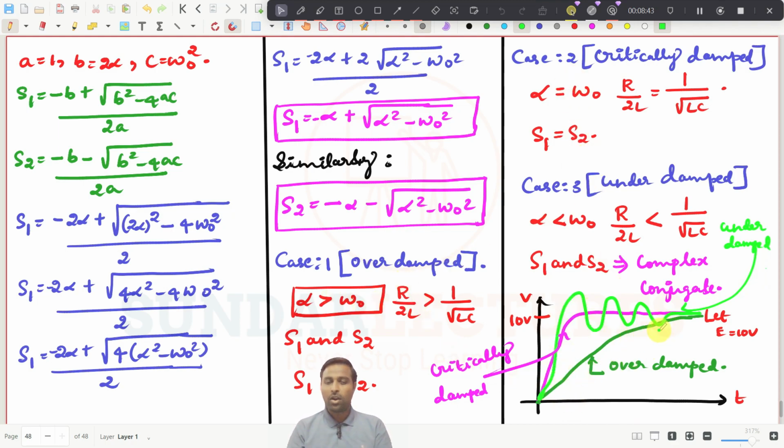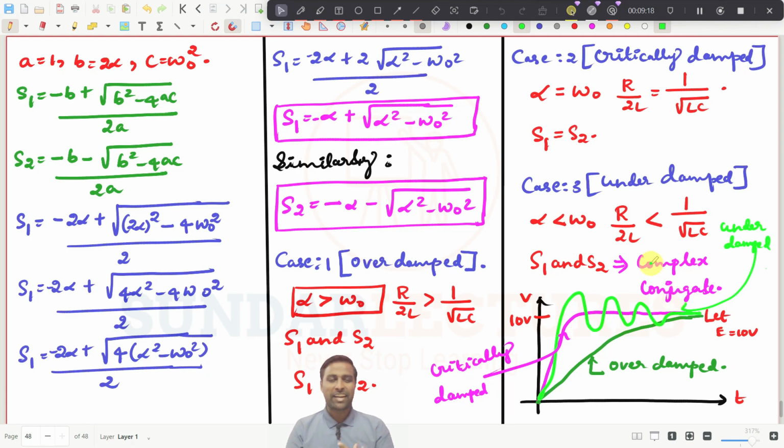This is how the value of the input voltage will be stored in the capacitor in these 3 manners. And we are going to take certain examples with numerical values in the next class, and we try to solve that problem and analyze how the voltage in the capacitor looks, or how the value of the input voltage is stored in the capacitor.